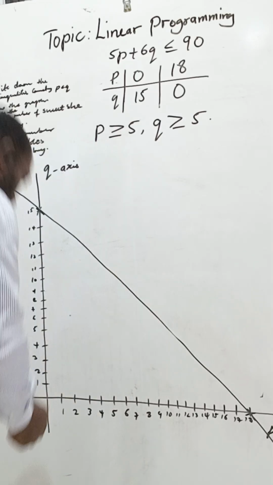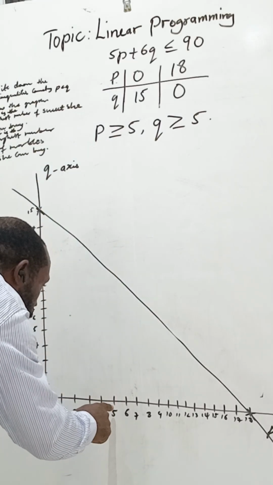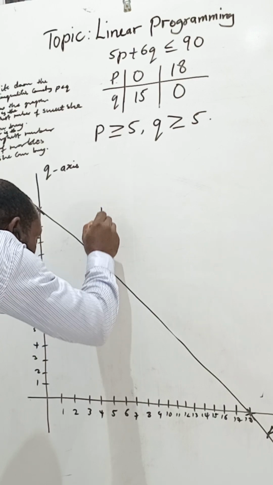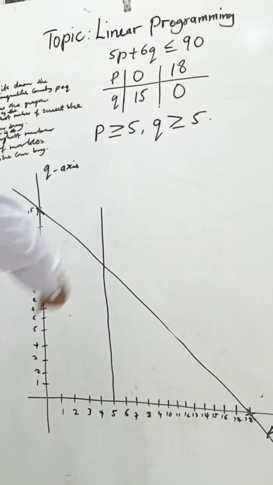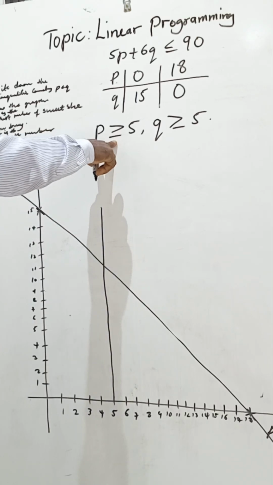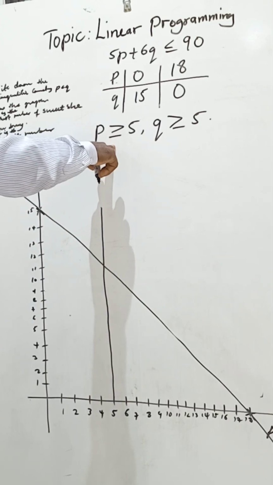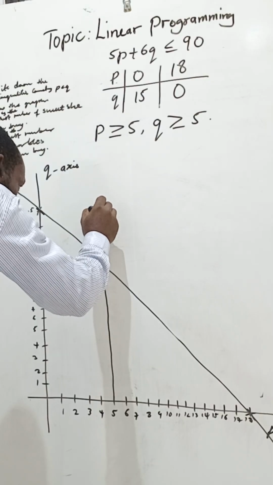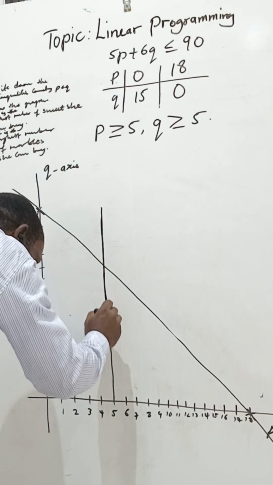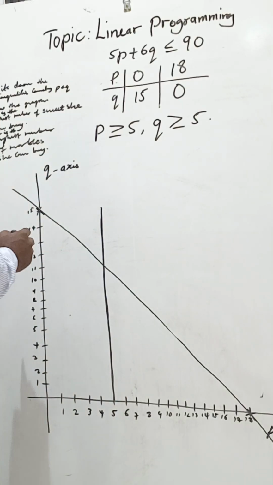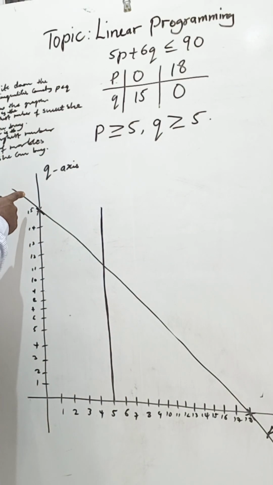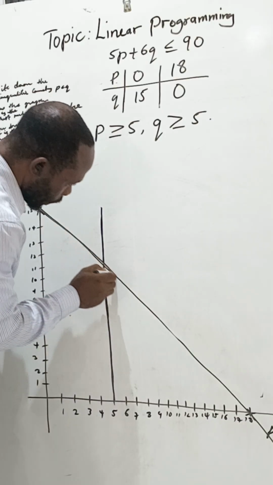P greater or equal to 5 is this point here. So it's a vertical line. Because the inequality sign is greater than and equal to, the line is going to be a thick line. Because the inequality sign of 5p plus 6q less or equal to 90 is also equal to, this line also will be a thick line.